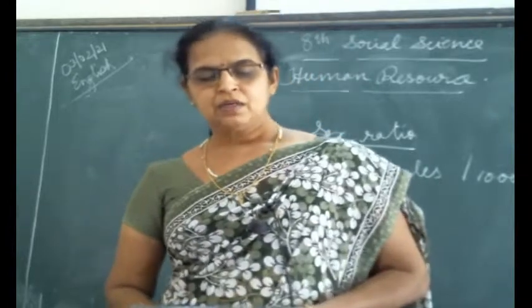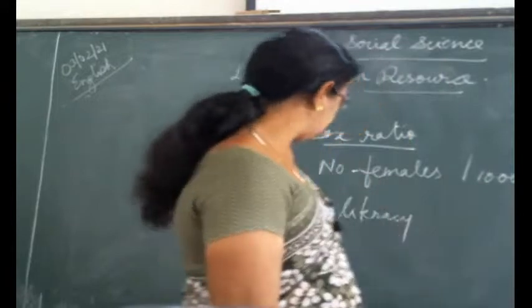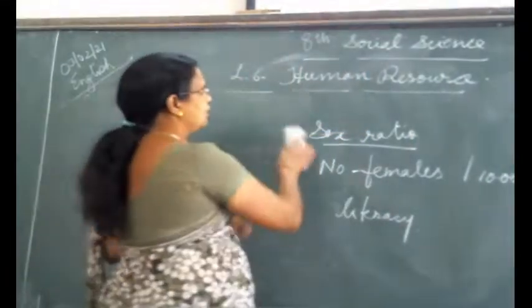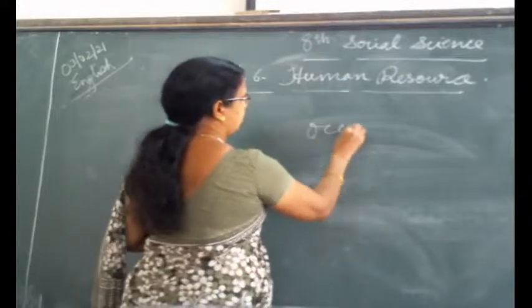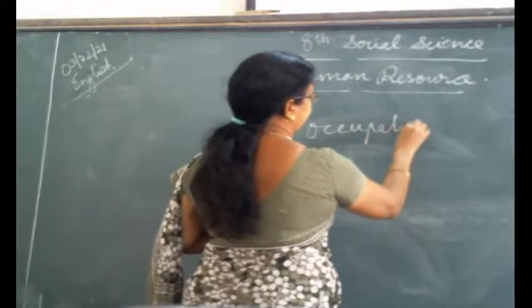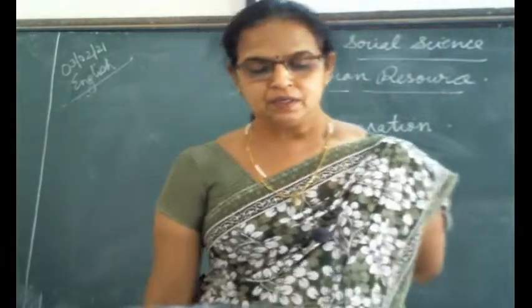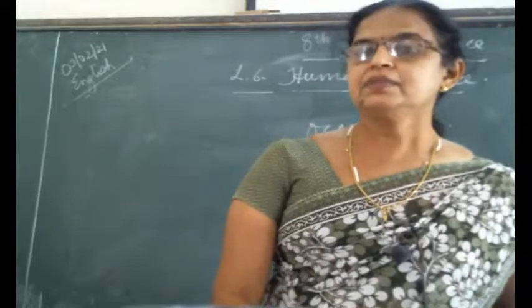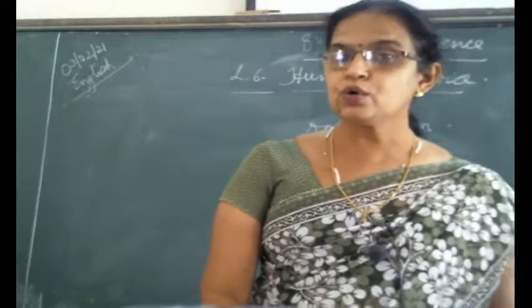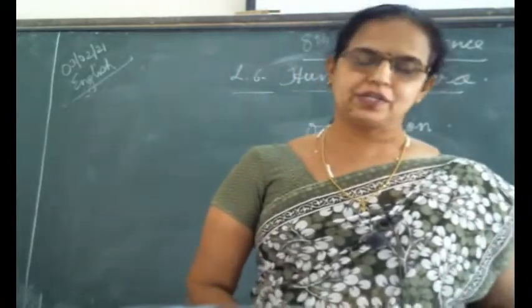Okay. Now we are moving to the next one, occupational structure. What do you mean by occupation? Occupational structure. Occupation. Any person in the country engaged in any kind of economic activity is included in the occupational group.